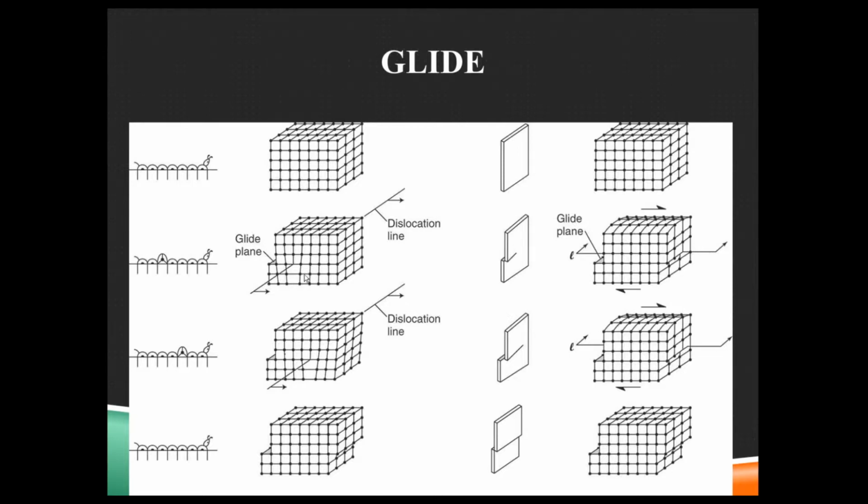We keep pressing, and eventually the whole thing glides over like that. Now we have a planar defect. And you can see that it doesn't have to happen all at once. It can kind of scissor its way through.